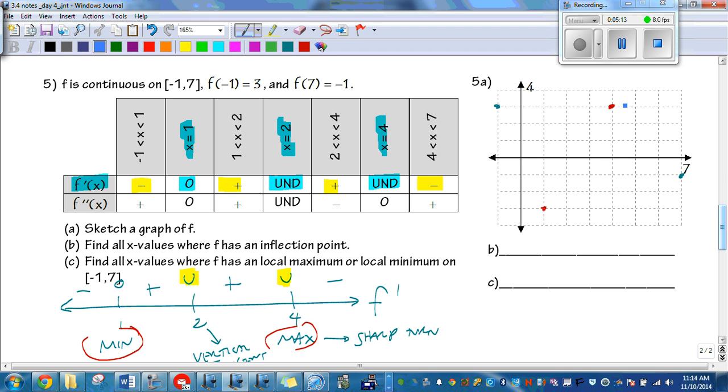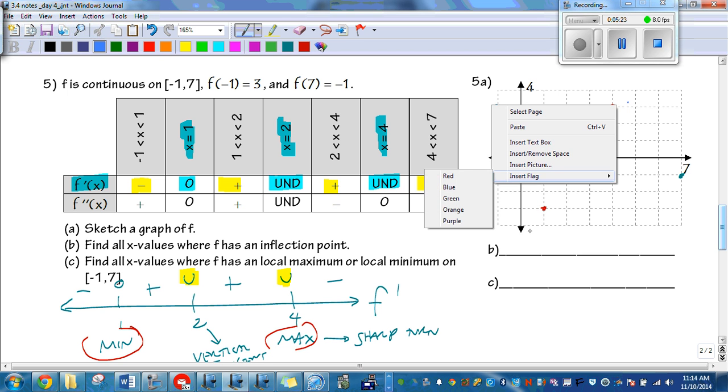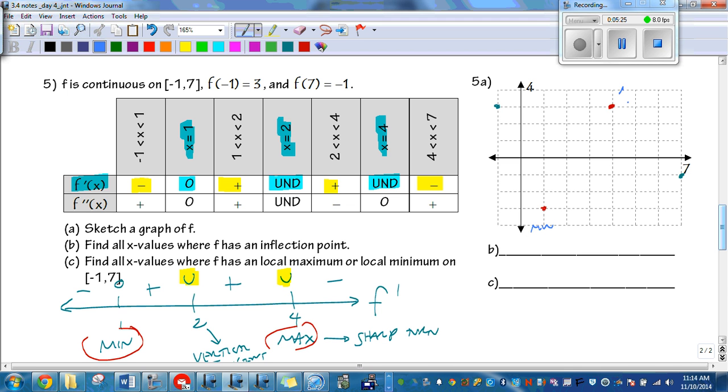This max is also an inflection point, so we don't have to do another point for that. But at x equals 2, there's another inflection point. So between this minimum and maximum, this is going to be a min, this is a max. So our inflection point when x is 2 can't go lower than the min, can't go higher than the max, so we're just going to put it somewhere in between. Again, it doesn't matter where you put it, as long as it's in between those.